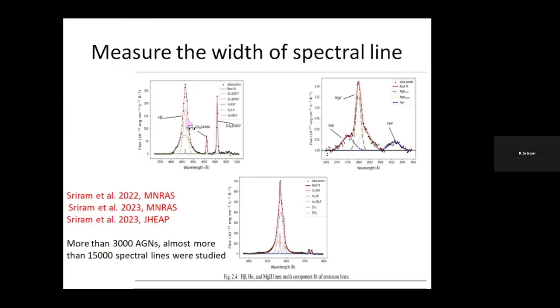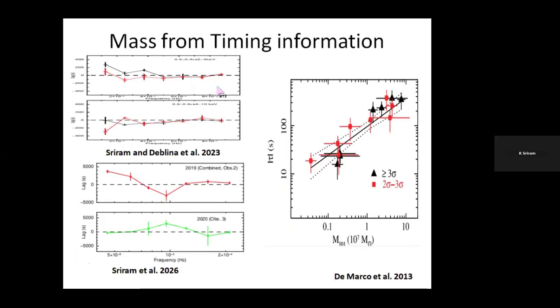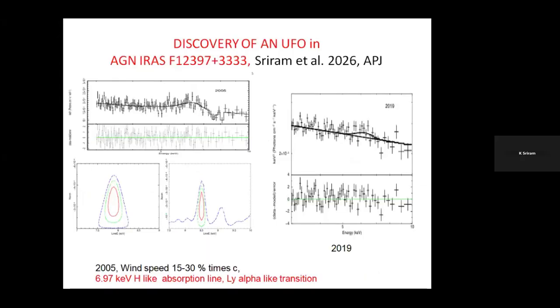If you do proper modeling of the spectrum, we can actually measure the masses of those black holes. This is another method, but it is very complicated, so I don't want to continue. But this also I work on; by doing the cross spectral density and all, we can again study these masses. This is my recent work, which actually came in.